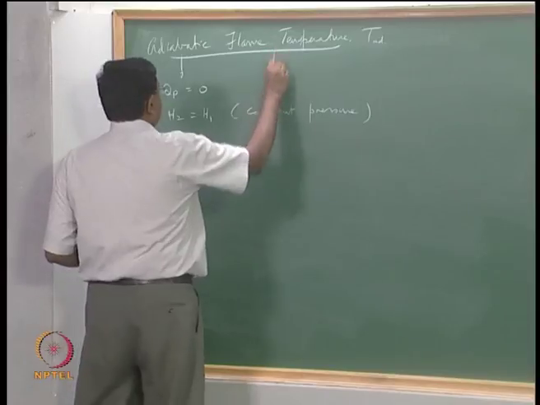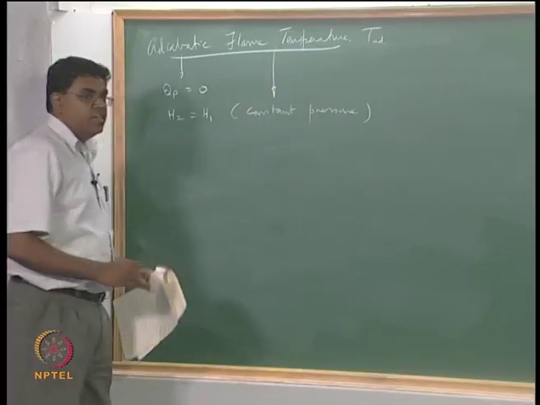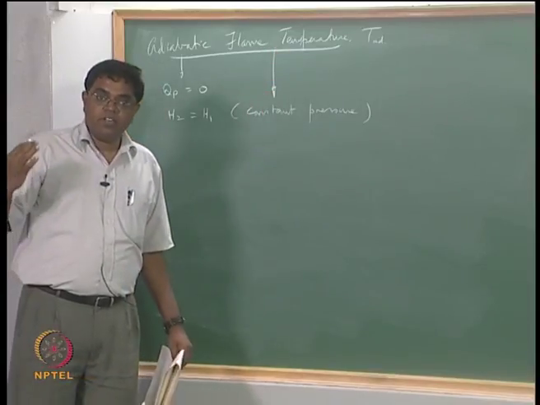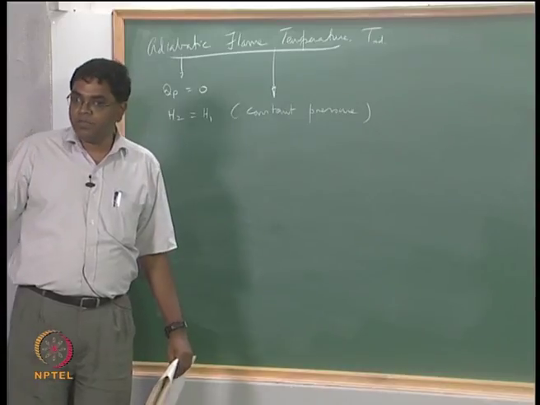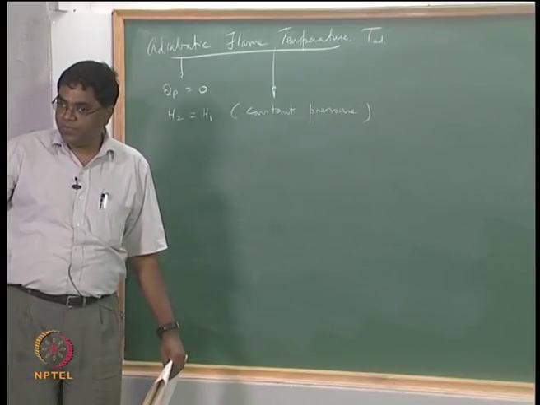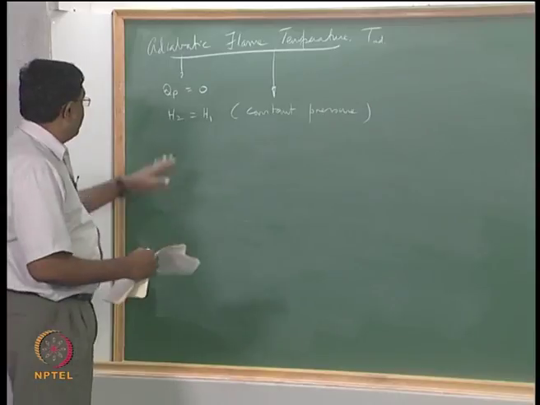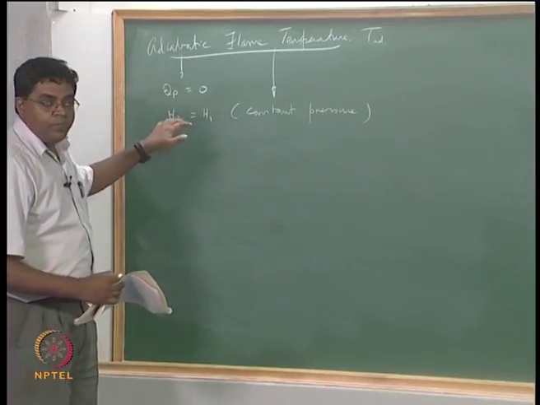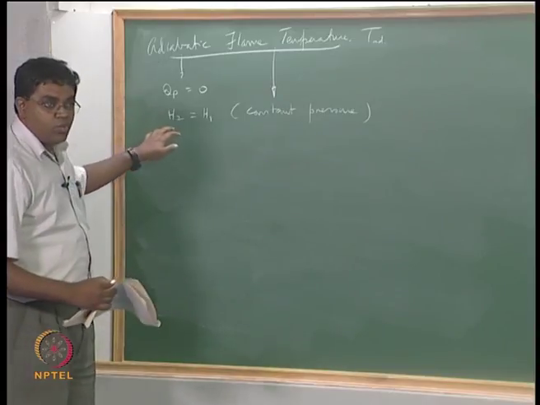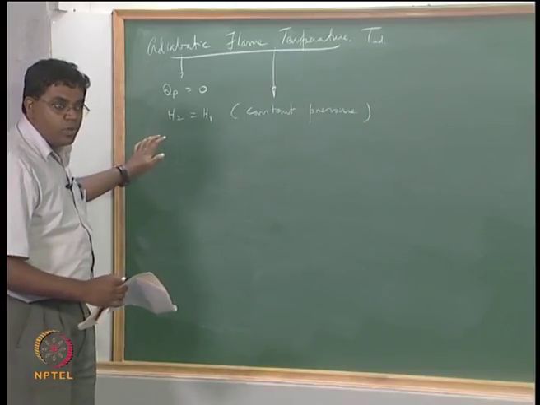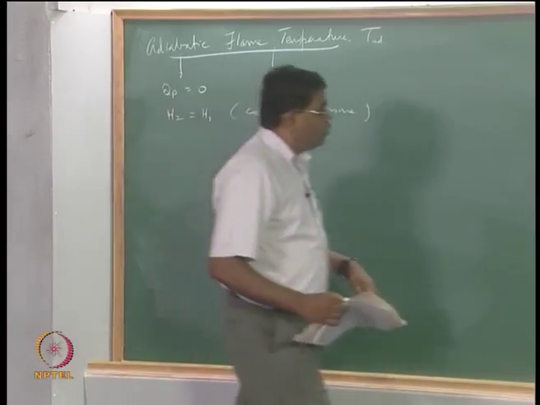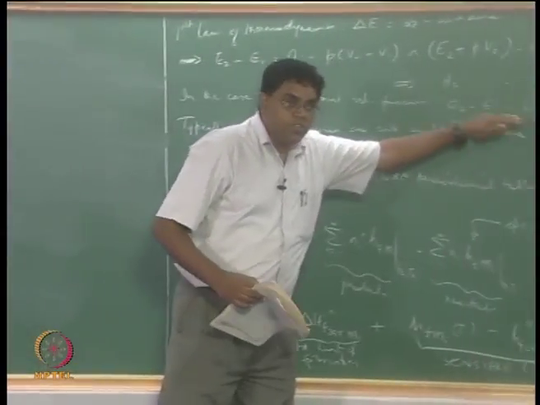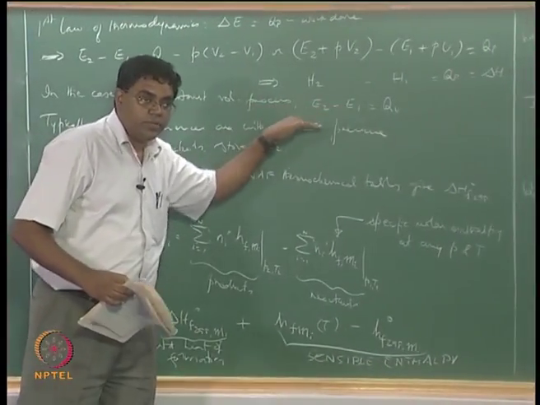Unless you want to explicitly talk about constant volume adiabatic flame temperature, then you have to say so, okay, because without that we are simply going to be equating H2 to H1. If you want to look at constant volume adiabatic flame temperature, what do we want to see? We want to say QV is equal to 0. That means we have to be equating E2 to E1.